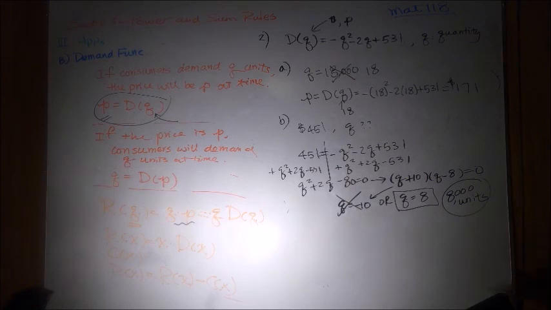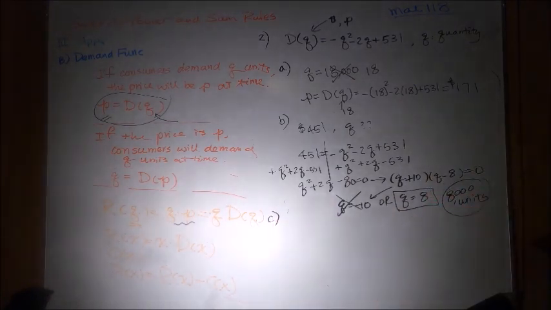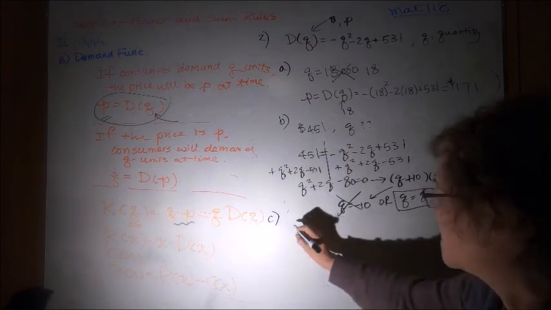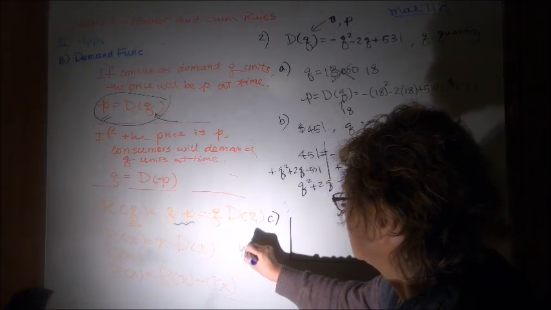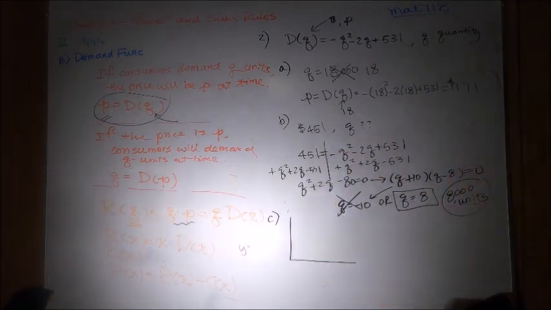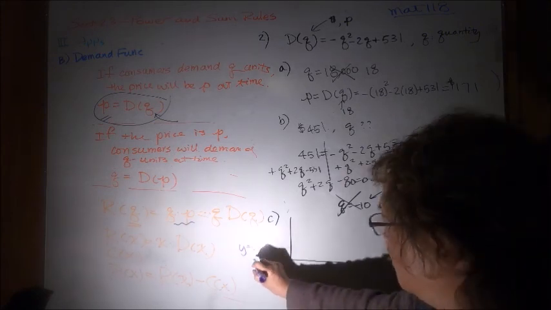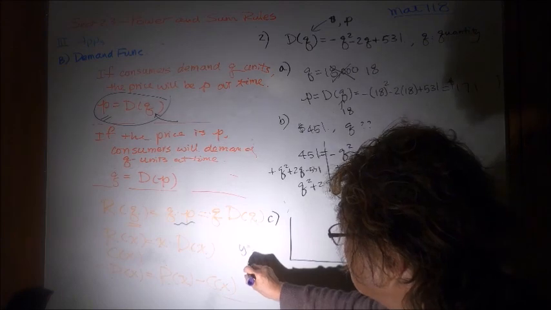Okay? So if we look from a mathematical point of view, from the algebra you have learned, we say y equals f of x, right? That's your y, that's your x. But now we use demand of quantity equals price.